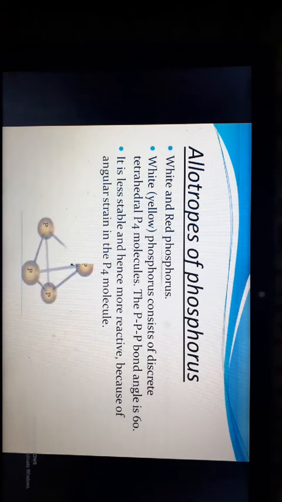Angular strain is high, which gives less stability and more reactivity. Here in the diagram you can see 4 atoms of phosphorus attached to each other, and the angle between the 3 phosphorus is 60 degrees. This was about the structure of white phosphorus.